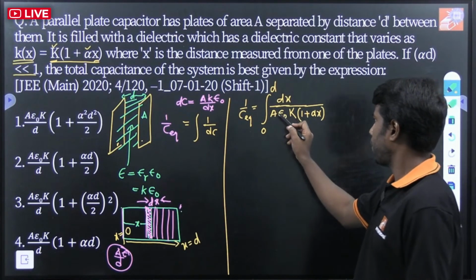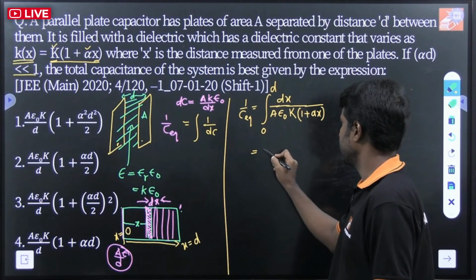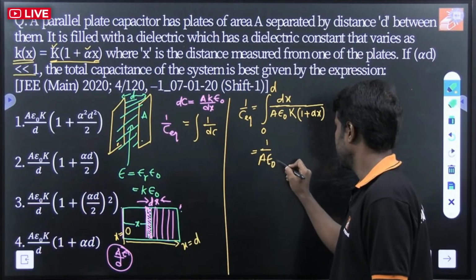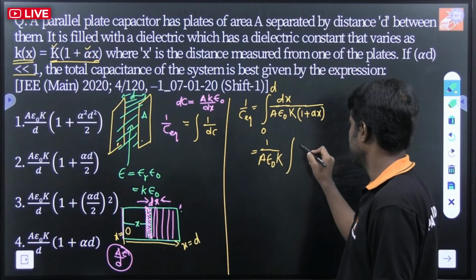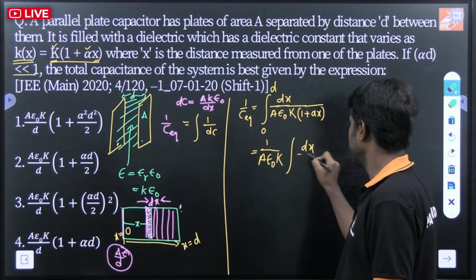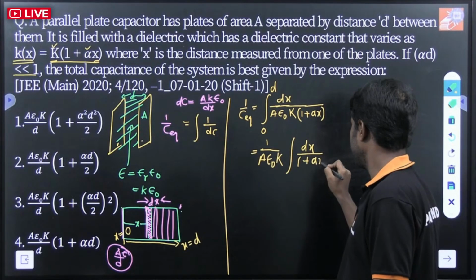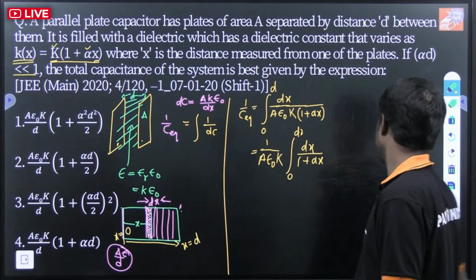See that the constant part will be taken out of this integration. So that will be 1 by A epsilon naught K, and the integration of dx by (1 plus alpha x) from 0 to d.